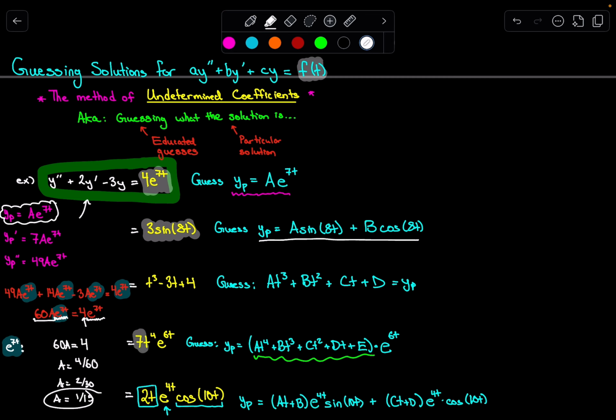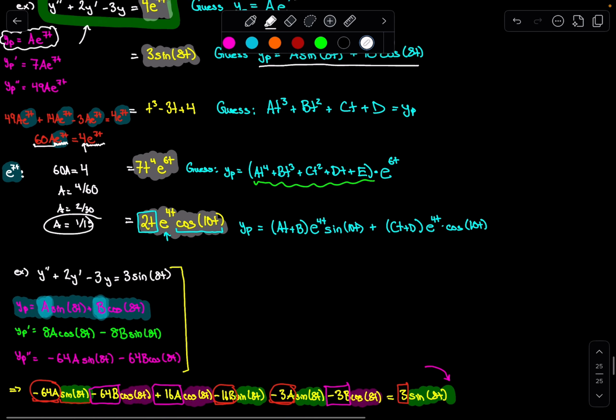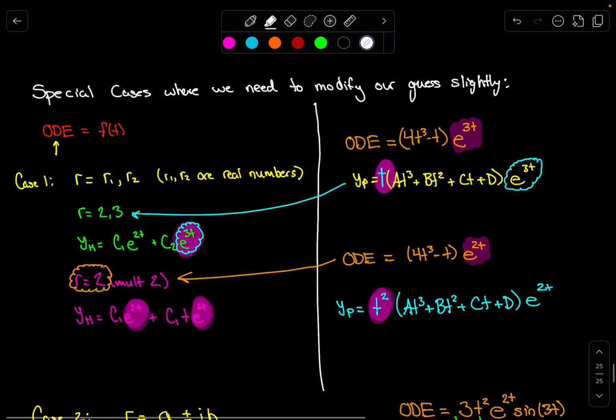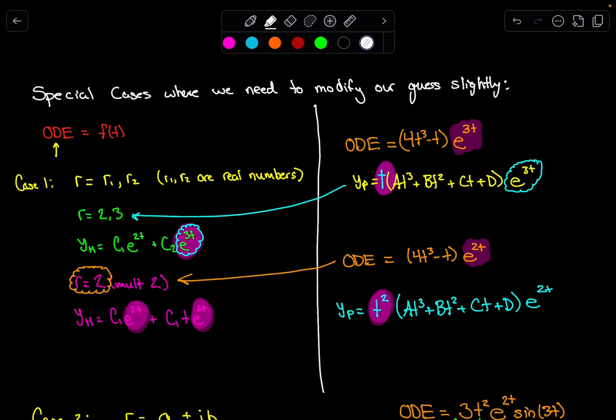We talked about what to do when you have a whole bunch of stuff multiplied together. It's pretty easy to follow the trend. And then we tackled what happens, what do we guess basically, if it just so happens that our guesses are already part of the homogeneous solution, okay?